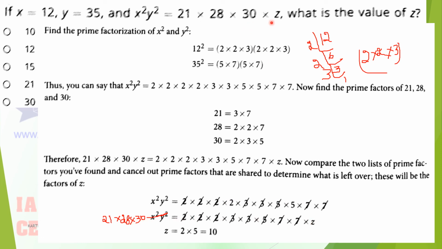Into z also you just multiply, then all the common factors get cancelled each other. Why? Because left hand side is equal to right hand side.